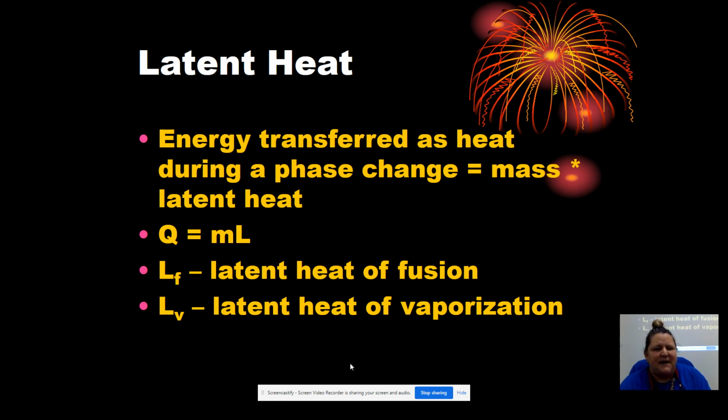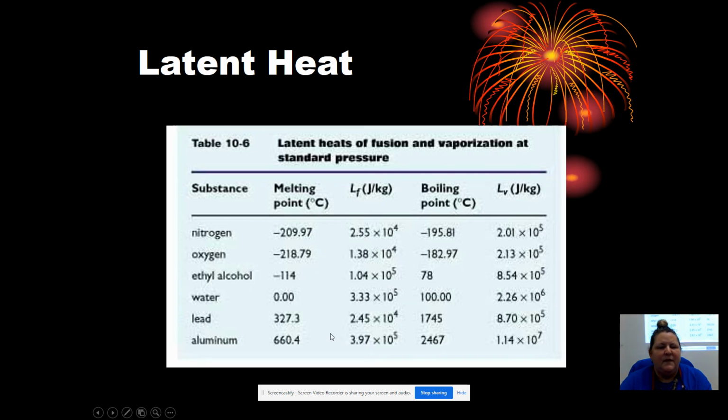It's mass times the latent heat. So if we were going to calculate the heat that is transferred as ice melts or as ice becomes steam, okay, this would be the latent heat of fusion, LF, the latent heat of vaporization. Okay.